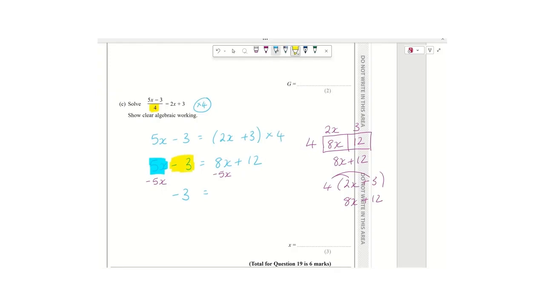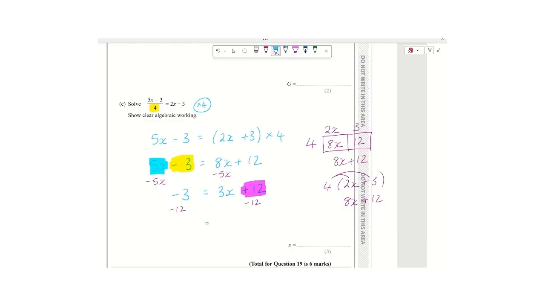That's one number. And then 8x's take away 5x's give me 3x's, and I've still got the plus 12. I then need to put everything that isn't an x on the other side. So I need to move my plus 12. To get rid of plus 12, I'm going to take 12 away from both sides.